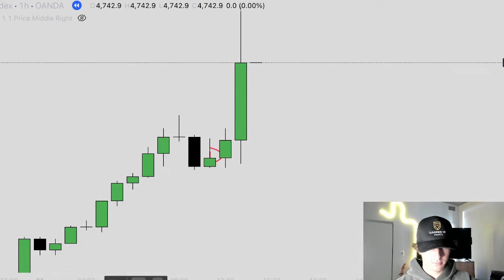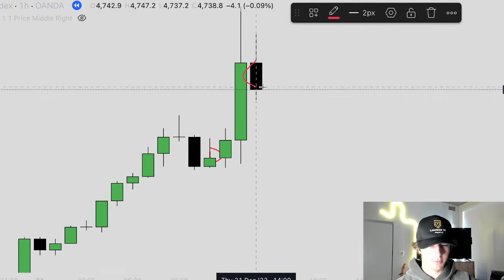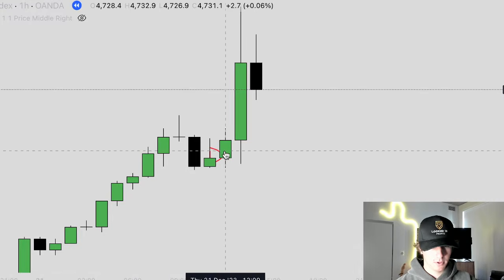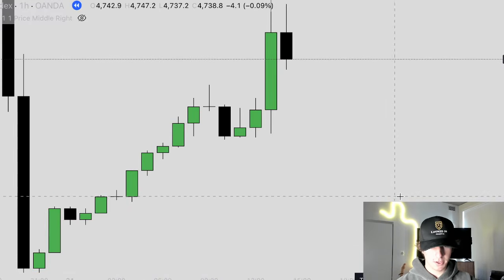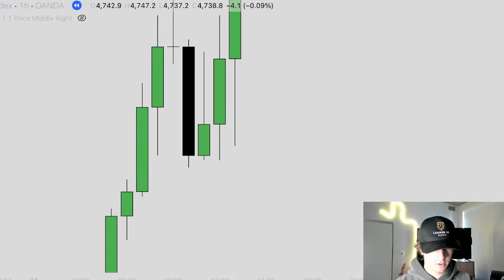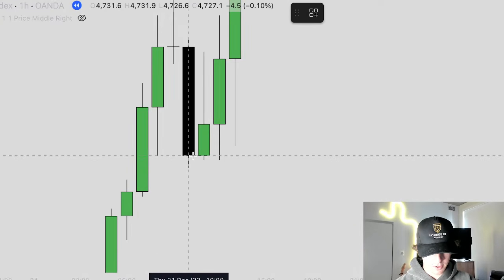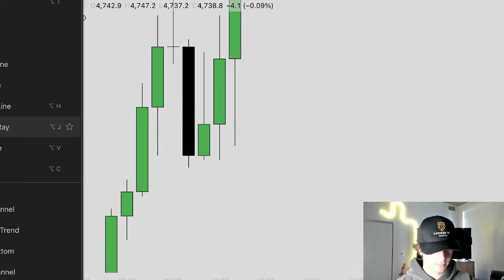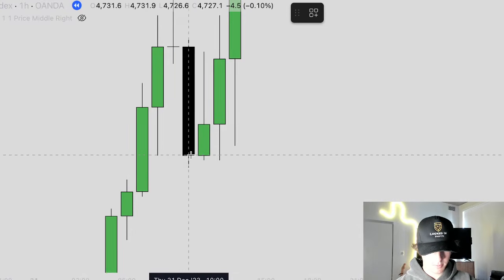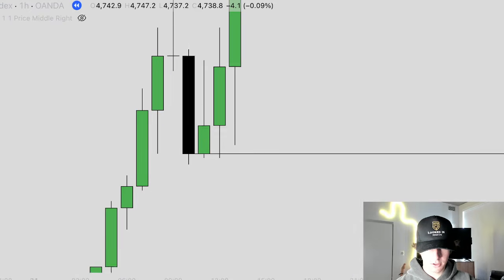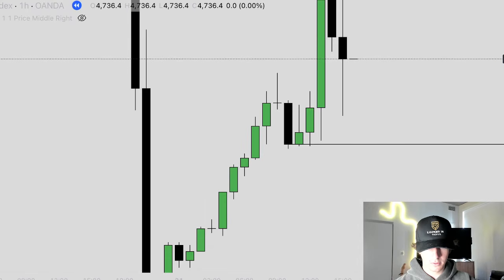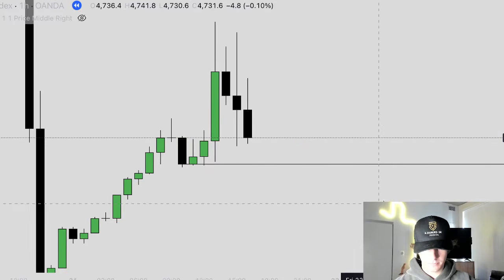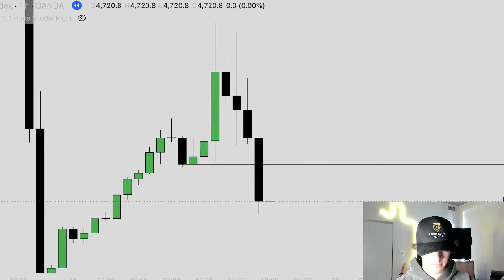And we can see, okay, boom, that moves over. So what I'm gonna do is mark out the opening price of the start of this move, which is going to be right here. That is the opening price. So mark that out. I'm gonna wait for a candle body closure below it. Okay, so not quite yet.